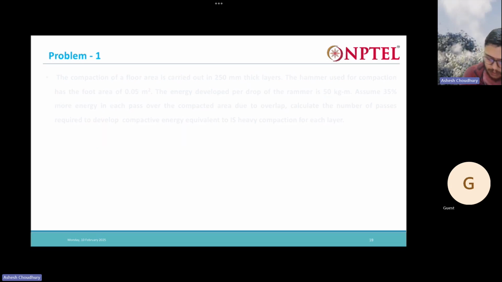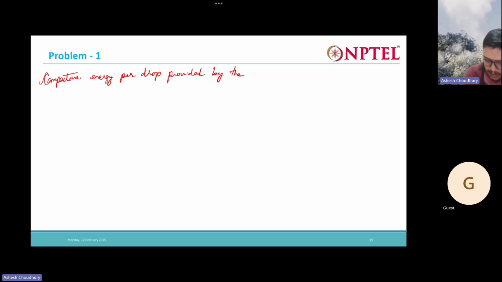Okay, so this is the compactive energy per meter cube. Now the compactive energy per drop provided by the rammer that we are using per meter cube of soil, what is that?